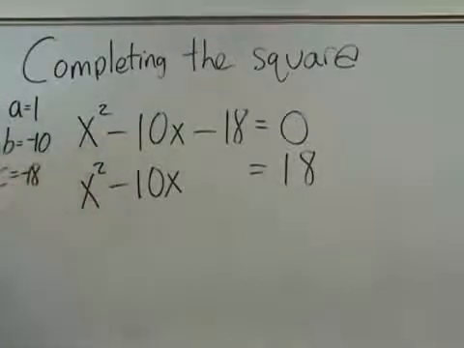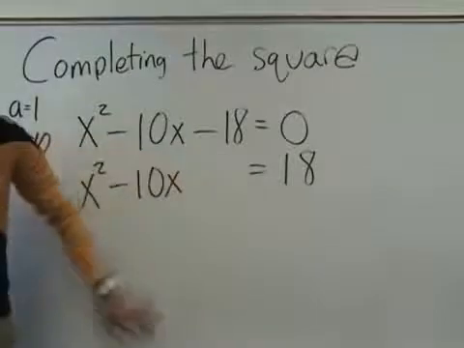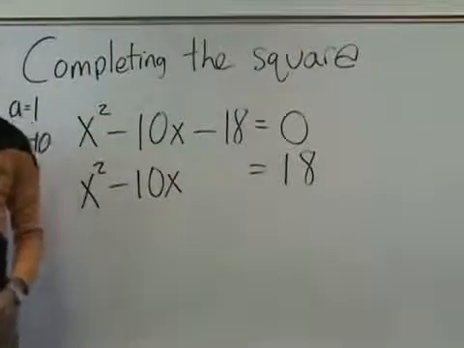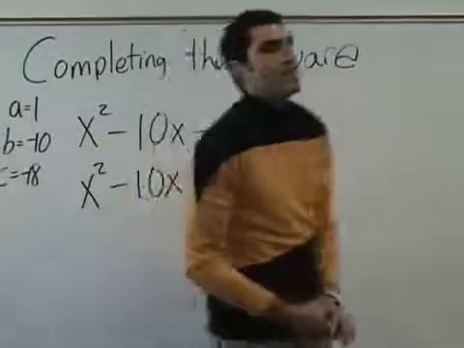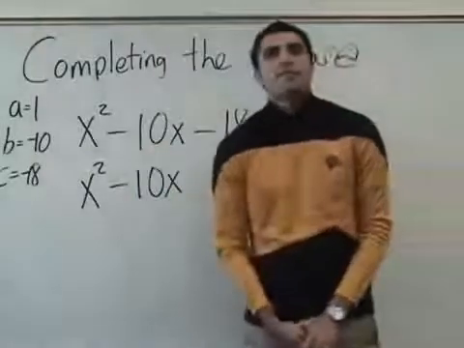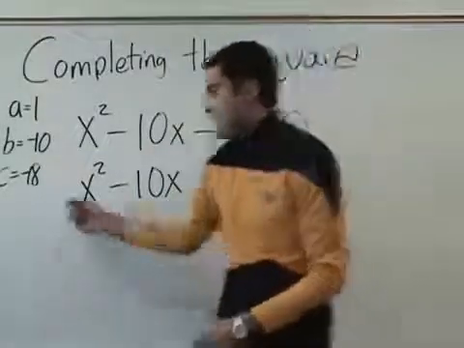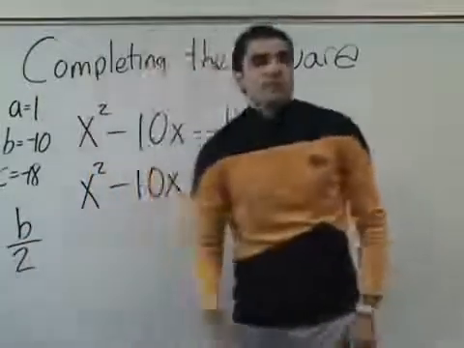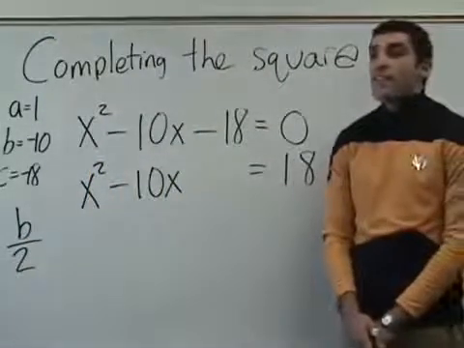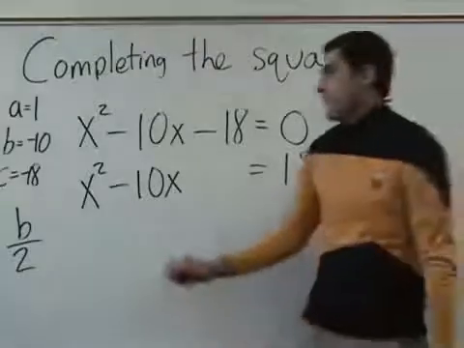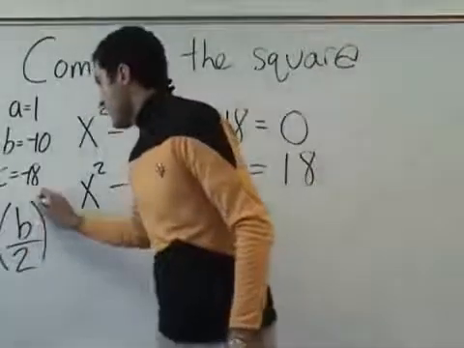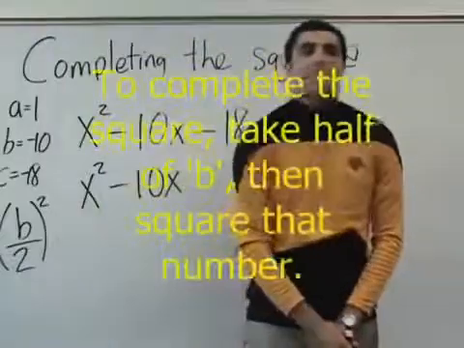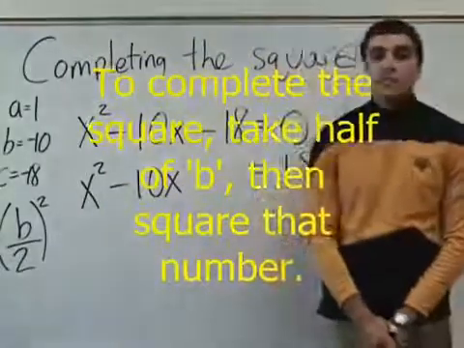For now. Okay. So this number here, you take B, you half it. What's half of B? Negative 5. Correct. So you take B and half it. That's B over 2. So take B and half it, we get negative 5. Then you take that number, negative 5, and you square it. So 25.